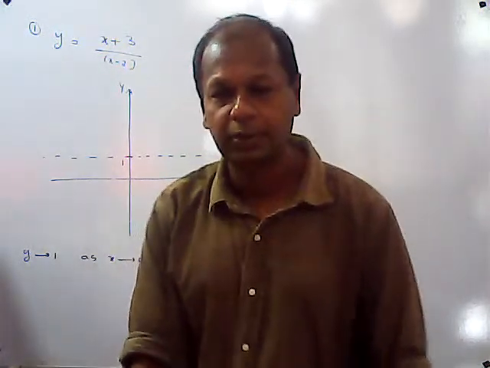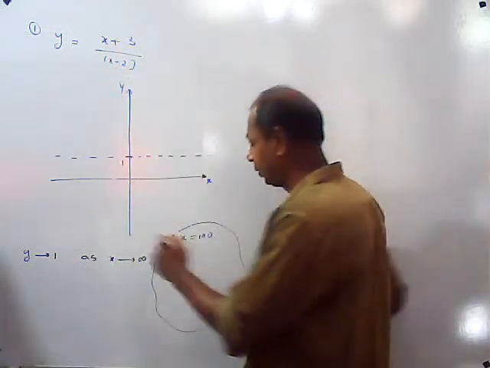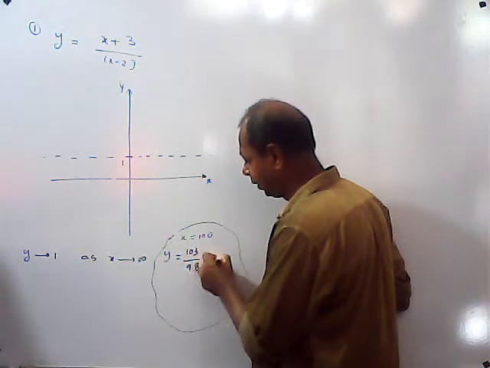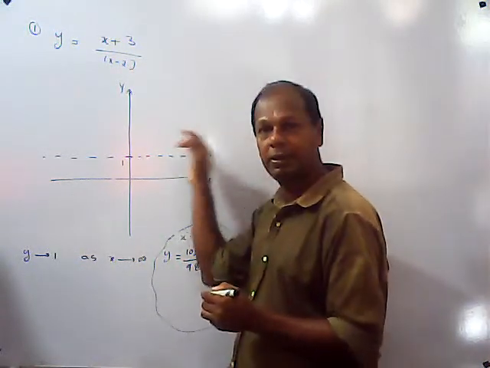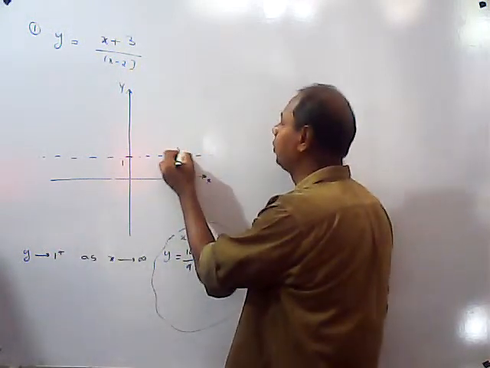So you get y equals 103 over 98, greater than 1. Therefore, we decide that it goes to 1 from above.